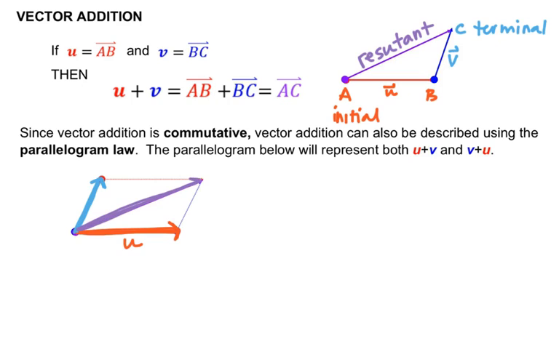We use our parallelogram law. So u plus v is equal to v plus u. Both of those end up at that same point up here in the top right corner where my resultant stops. All right, u plus v is equal to v plus u.